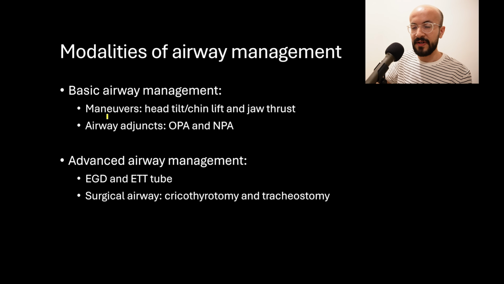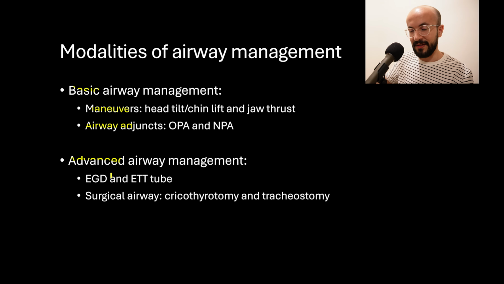Those are divided into basic airway management and advanced airway management. In the basic airway, we have maneuvers such as the head tilt, chin lift, and the jaw thrust, and we also have the airway adjuncts such as the oropharyngeal airway and the nasopharyngeal airway.